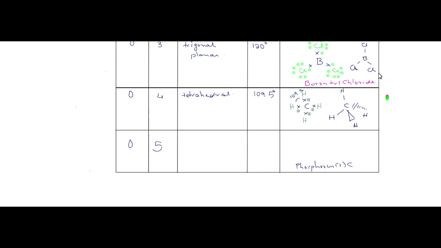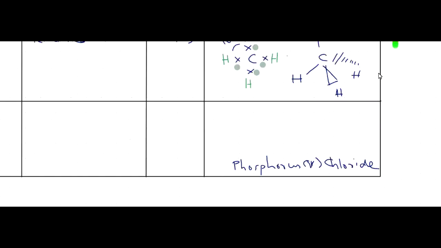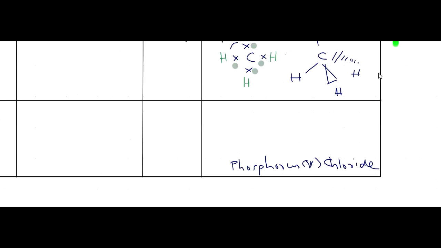Phosphorus can have two charges, +5 and +3. So this is phosphorus 5 chloride. If we draw the dot and cross diagram, this is what it will look like. 1, 2, 3, 4, 5.